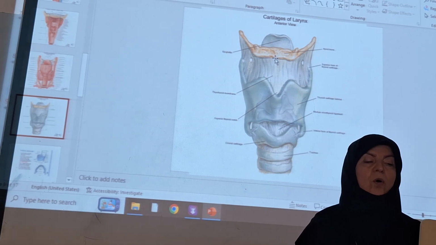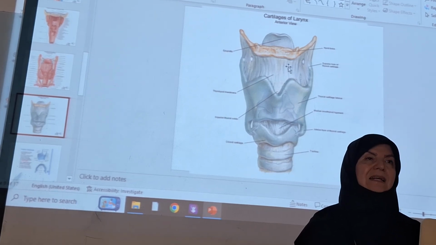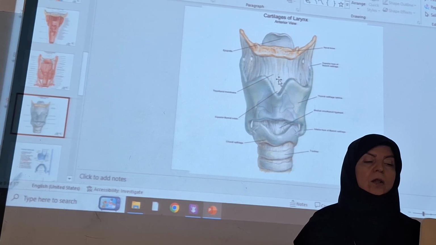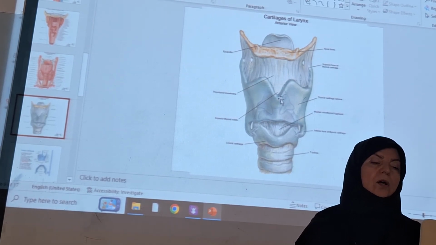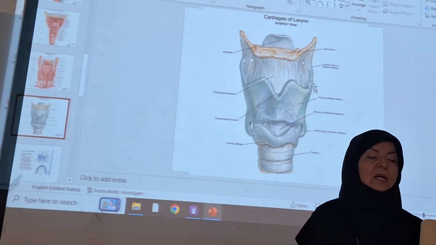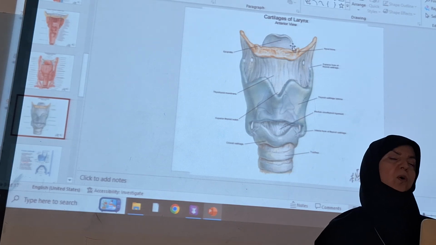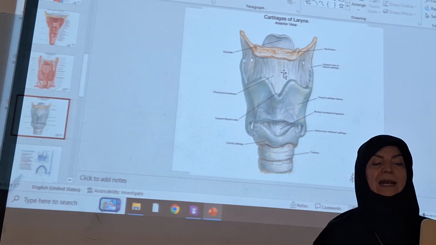Median thyrohyoid ligament: the central part, the median part of this membrane, is going to get dense and make a ligament. What's the name of this ligament? Median thyrohyoid ligament.